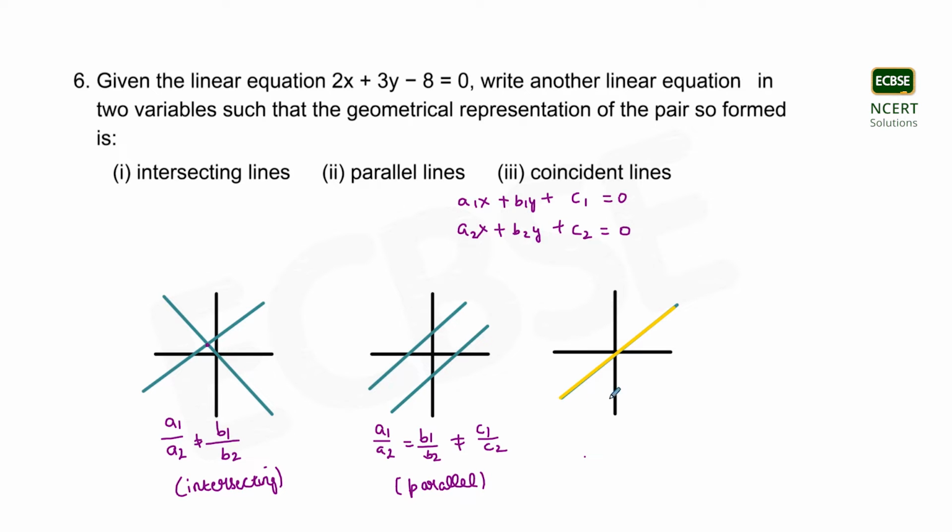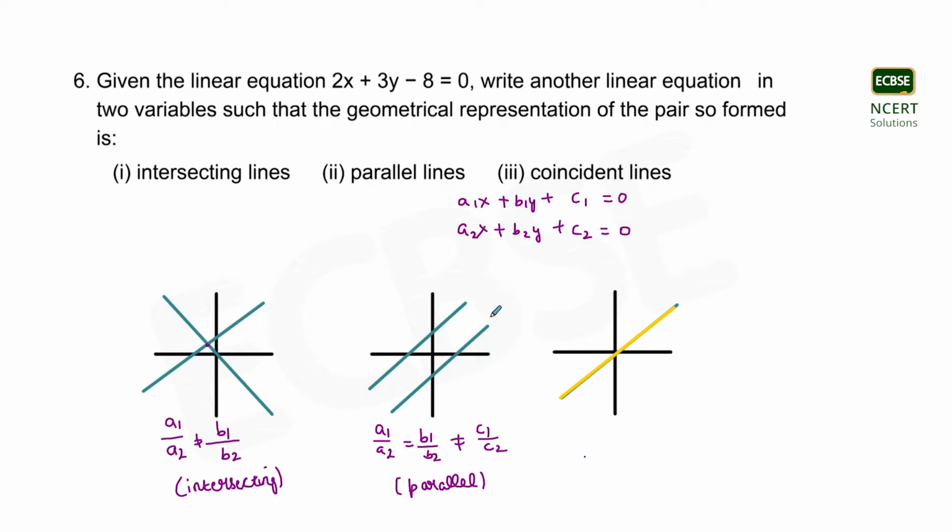Got it? Now coming to the third situation, in which the lines overlap, that is, one line lies over the other line. Then such lines are said to be coincident lines. We can easily solve such a pair of linear equations, and they are said to be a consistent pair of equations.